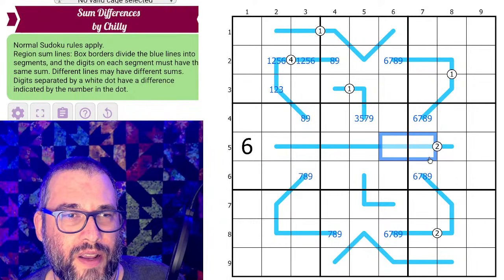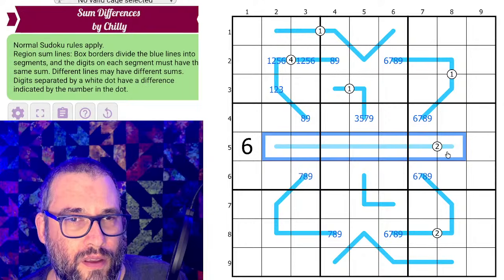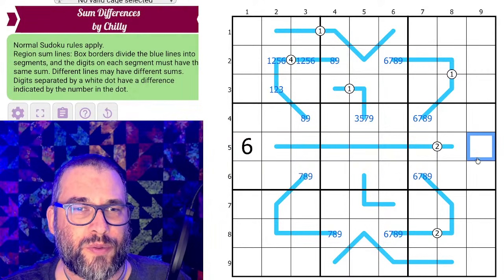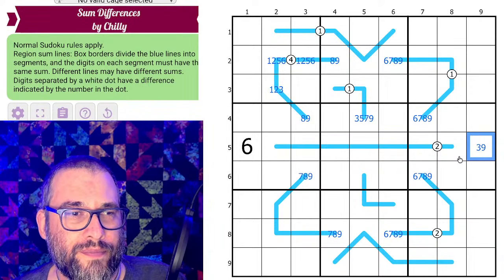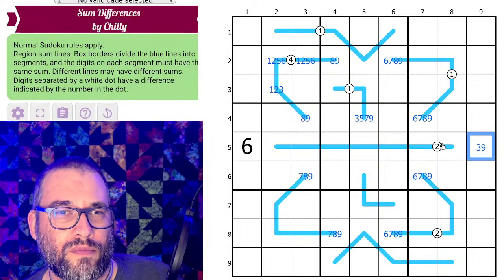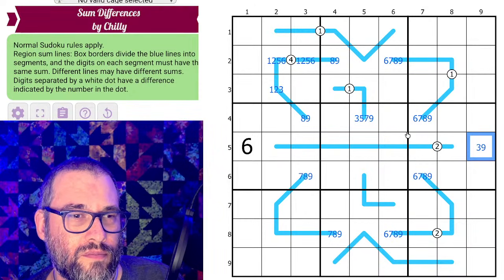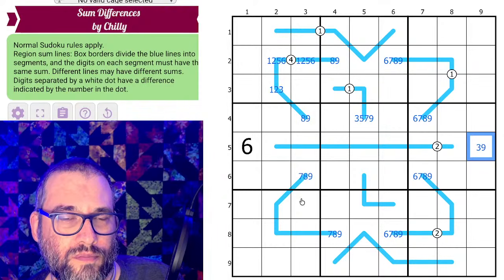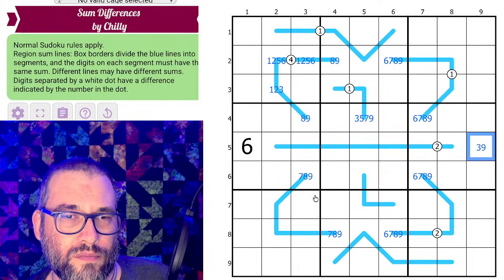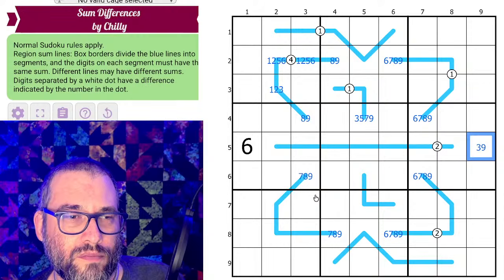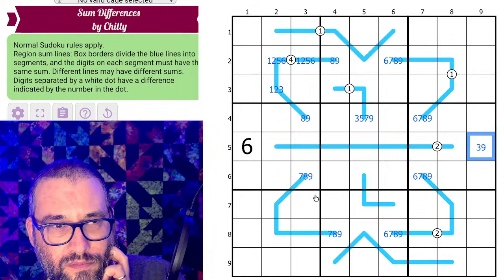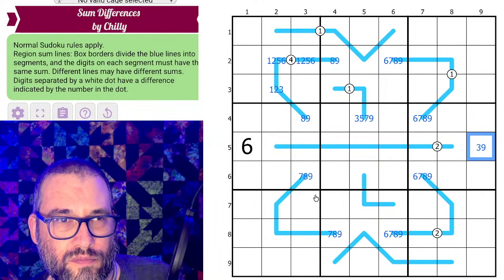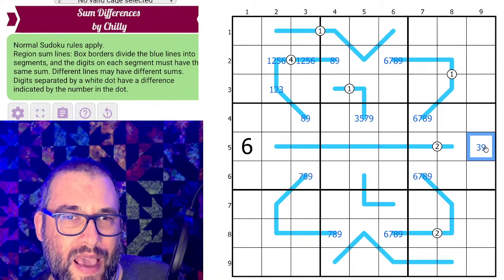Five, column 9. Yeah. This is a multiple of 3. This is a multiple of 3. So this is only 3 or 9. Yeah, I guess we can math that.